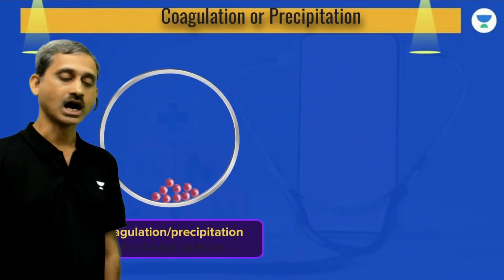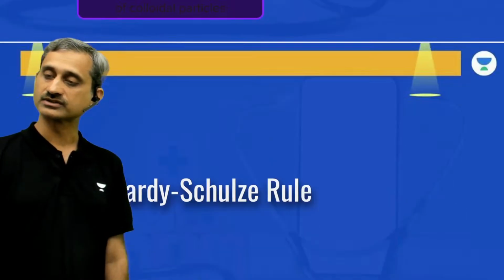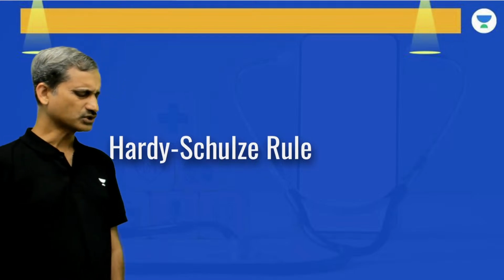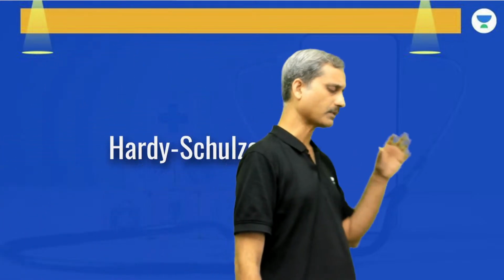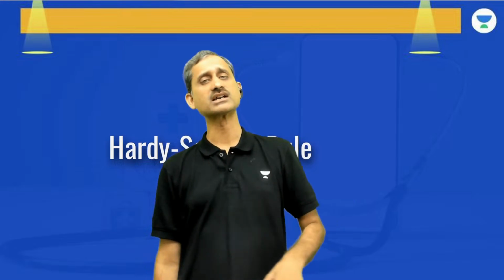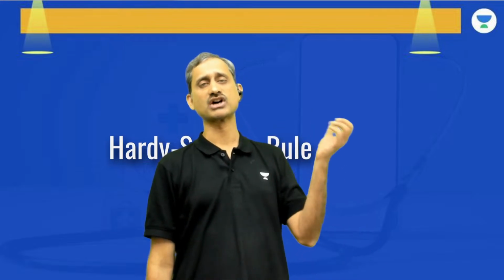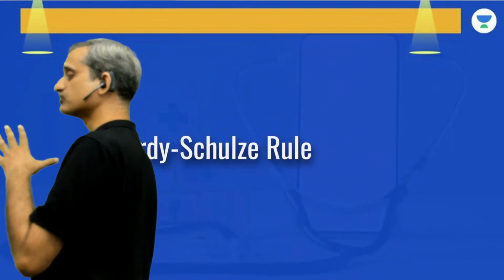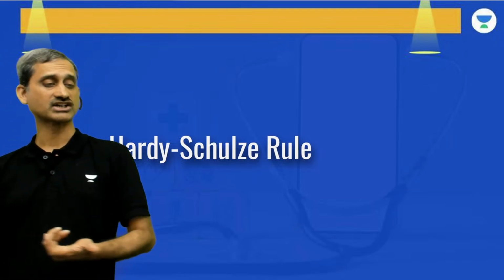The question is how we are going to remove this particular charge. And here comes the Hardy-Schulze rule. The Hardy-Schulze rule simply says that if we have an oppositely charged particle having a high charge density, it will be able to remove the charge from the colloidal particle. Something like, if we have a positive colloid, then we have to put a very high negative charge density.